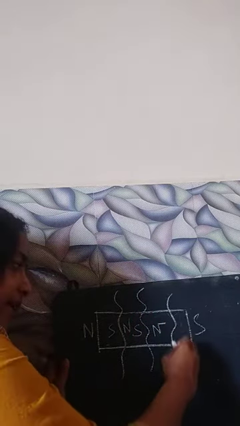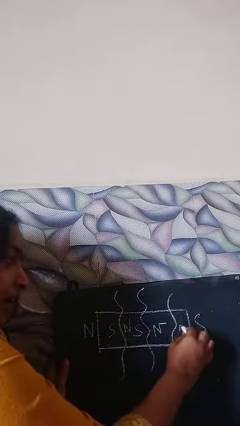Now why is that so? What is the thing which is basically making this kind of property? Again, if I break from here, again here south, here north is going to be produced. Similarly, if I break through here, again north here and south pole is going to be produced. Now what is the reason for this?